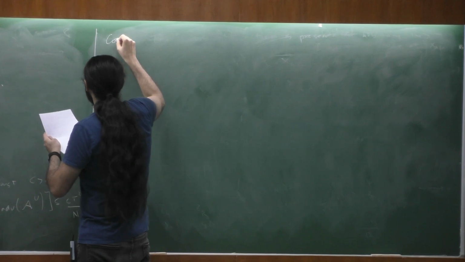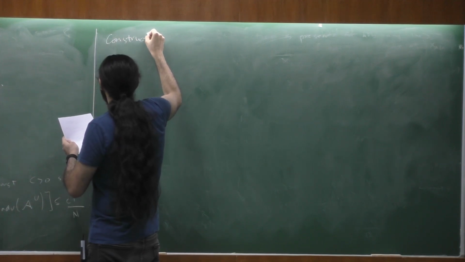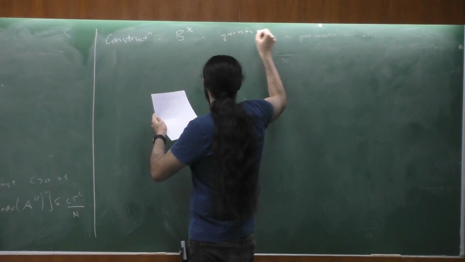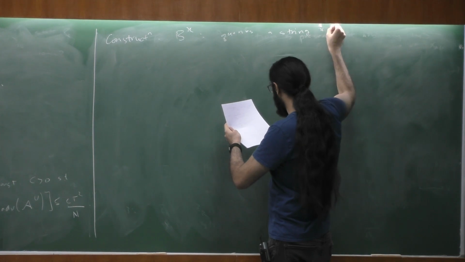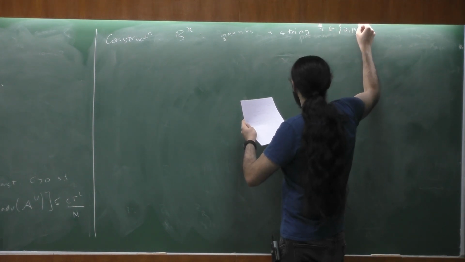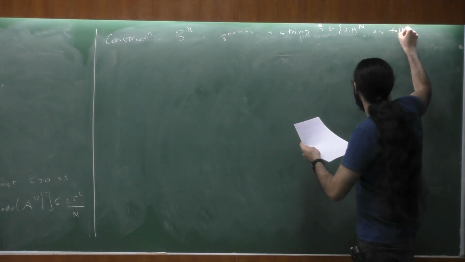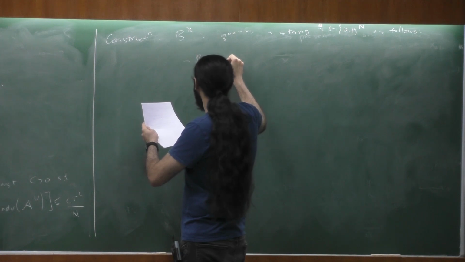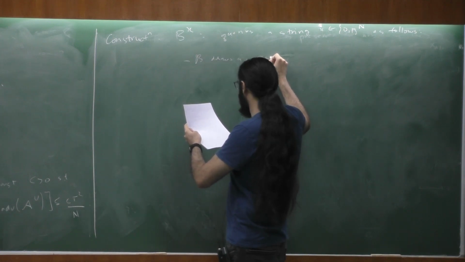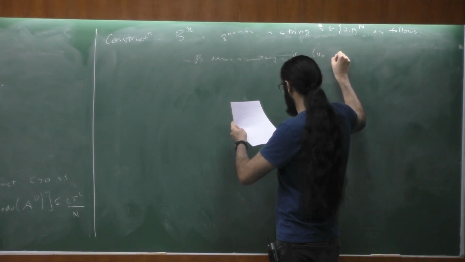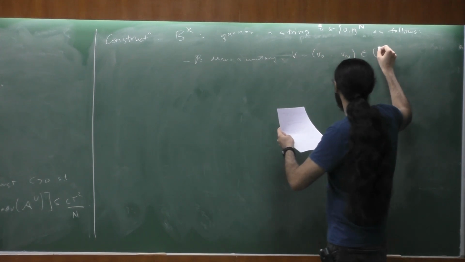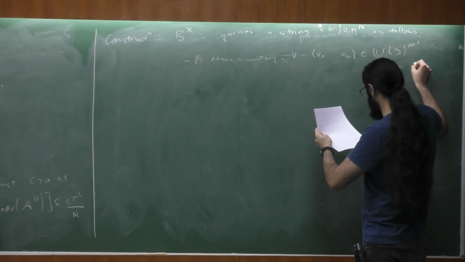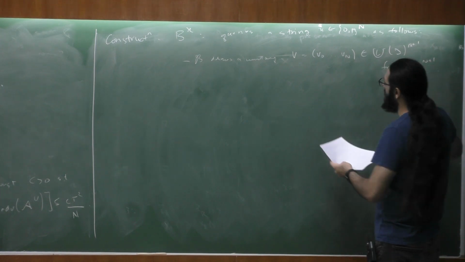Okay, so here's the construction. The construction is that you have B to the x, which queries a string x in {0,1}^N, as follows. Okay, so B draws unitaries v0 to vN from the set of all unitaries, from mu d, capital N plus 1.